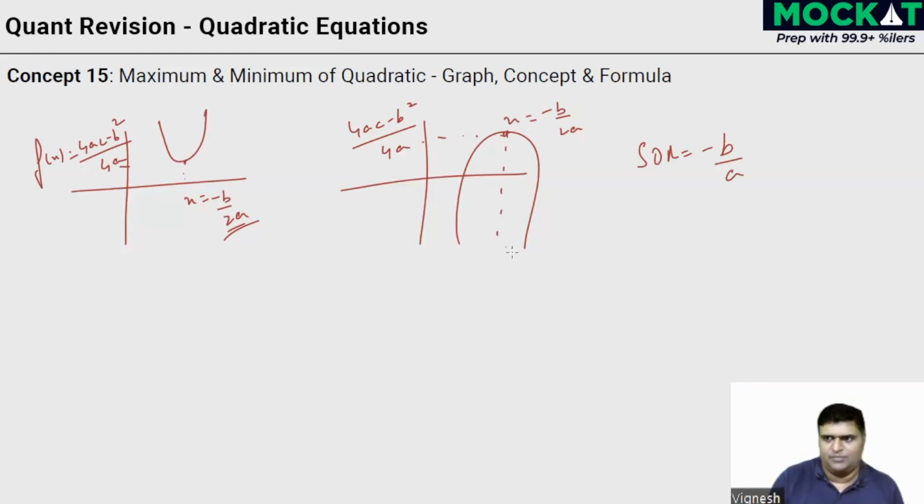Because from this minimum point or maximum point, one of the roots is going to be minus b by 2a plus k. The other root is going to be minus b by 2a minus k. If you add these two, the k's get cancelled. You add up these two, you get minus b by a as the sum of roots. It's all with this minimum point over here, x equals minus b by 2a.